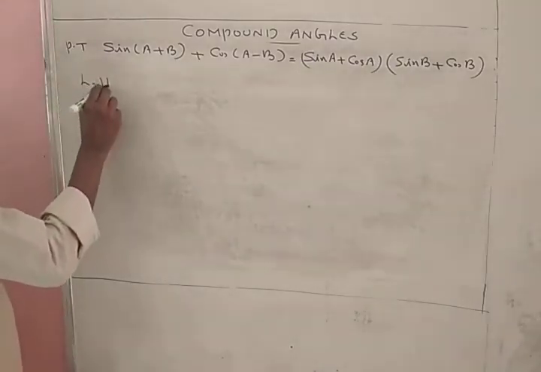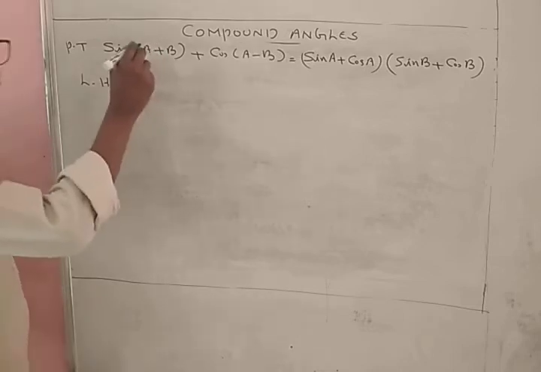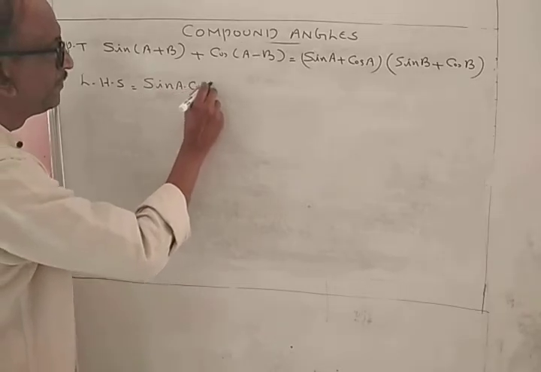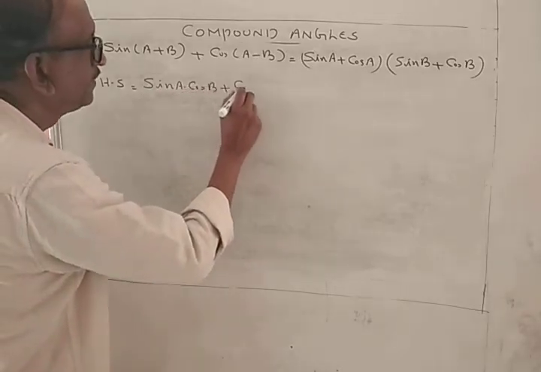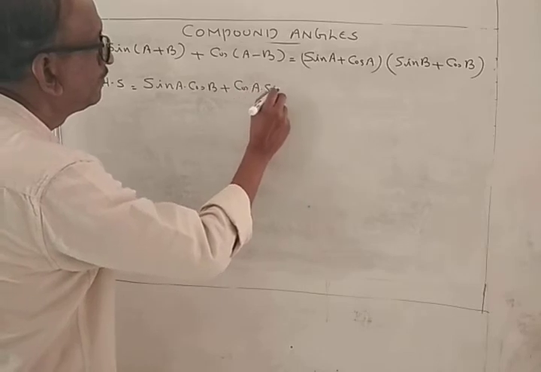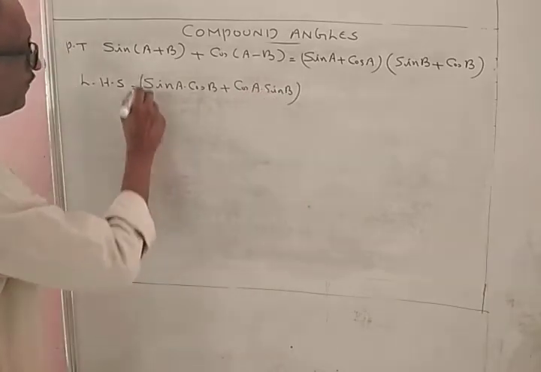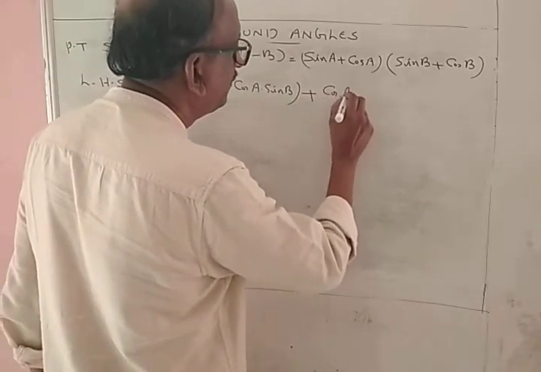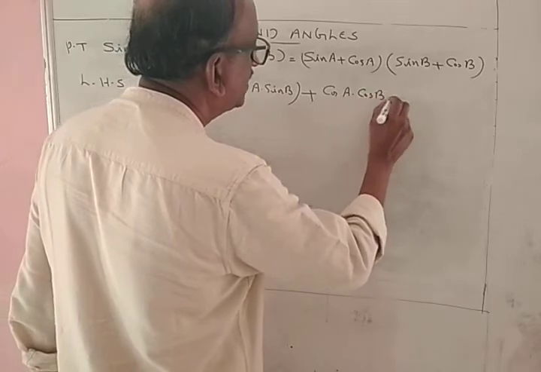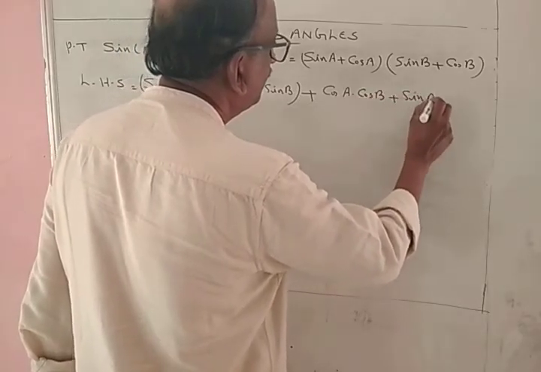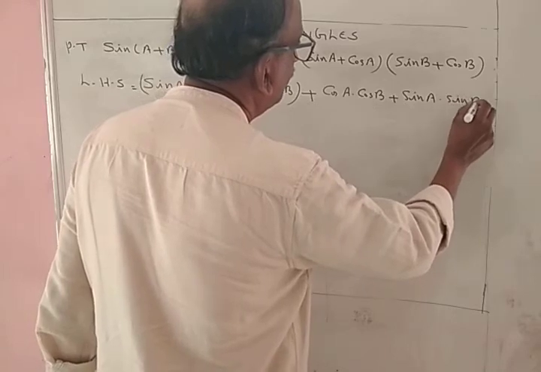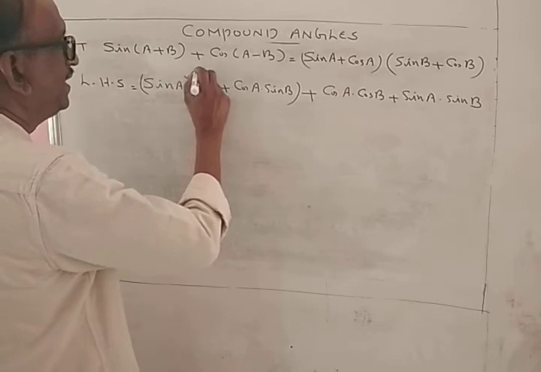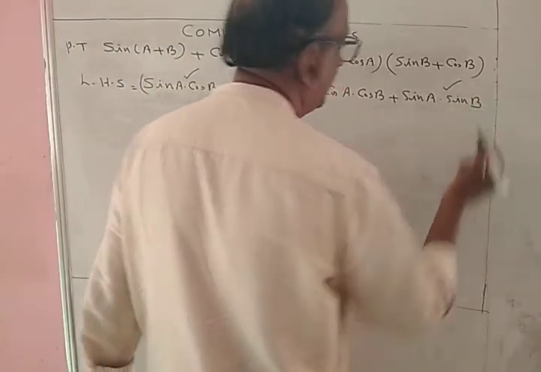Left hand side is equal to sin(a plus b), which is sin a cos b plus cos a sin b, plus cos(a minus b), which is cos a cos b plus sin a sin b.